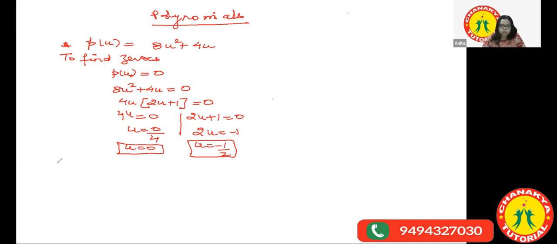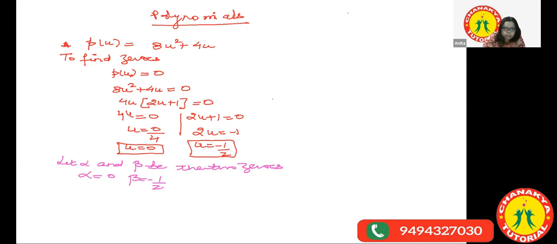Okay. Now, let alpha and beta be the two zeros, because we have a quadratic polynomial. The value of alpha is 0 and the value of beta is minus 1 by 2. Now, you have to find the sum of the zeros.